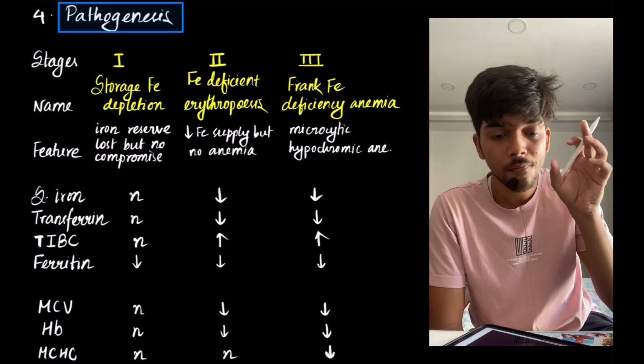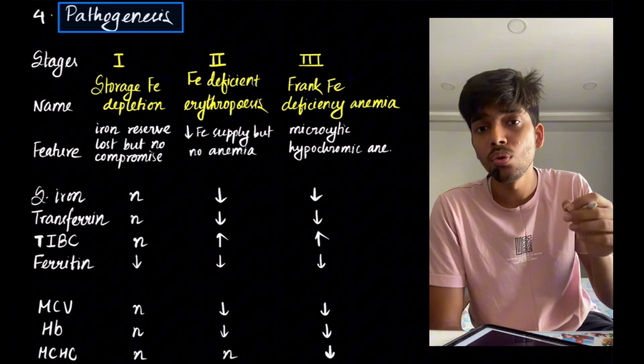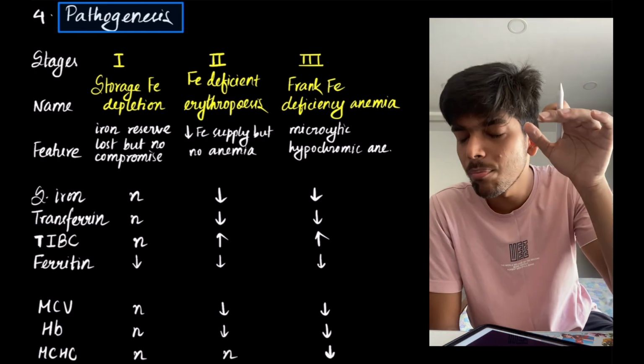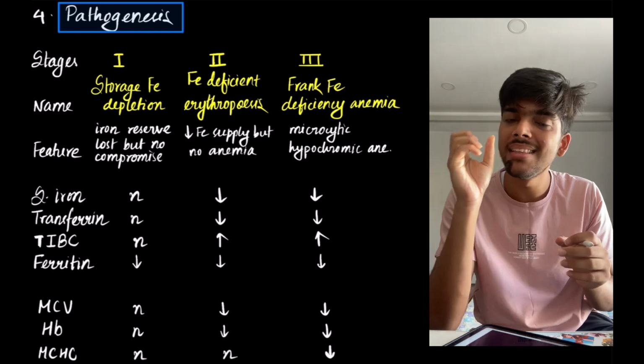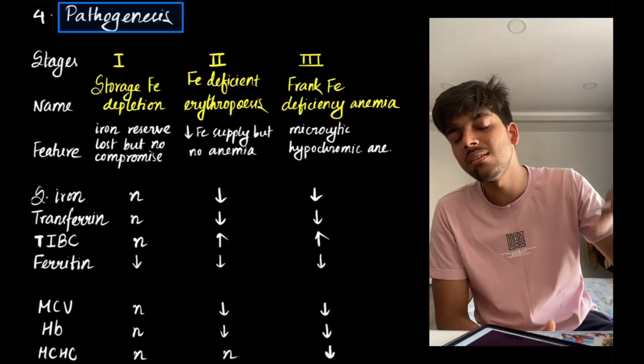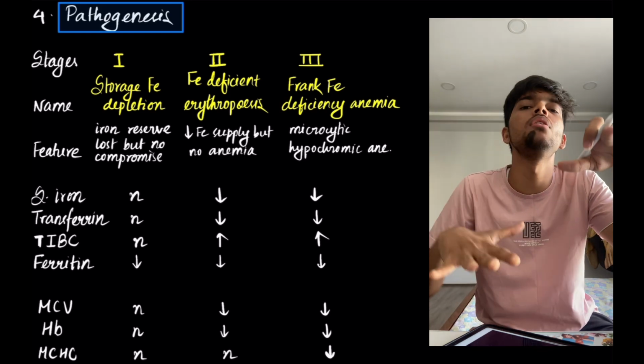What's the series? First, the iron absorption is less, so the level of iron in blood is supposed to be less, but then the liver has stored iron. This stored iron is given to blood. As a result, the blood iron level remains the same, but the stored iron level goes down.